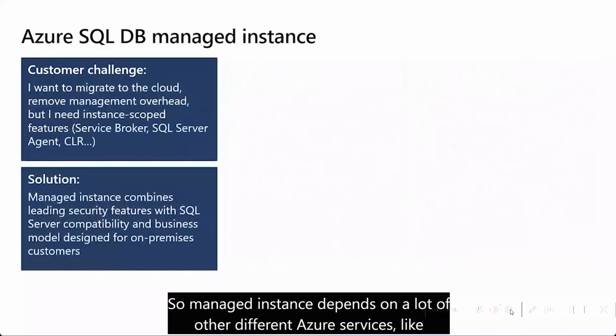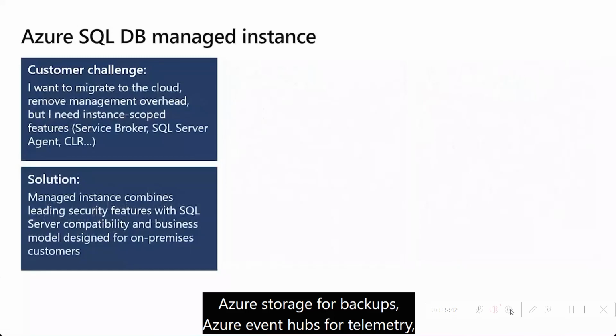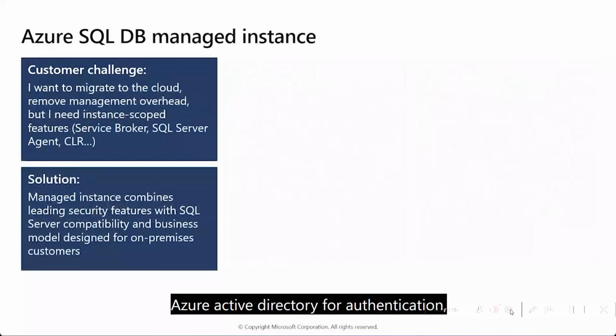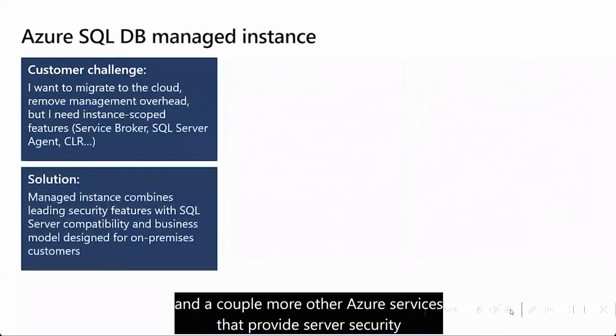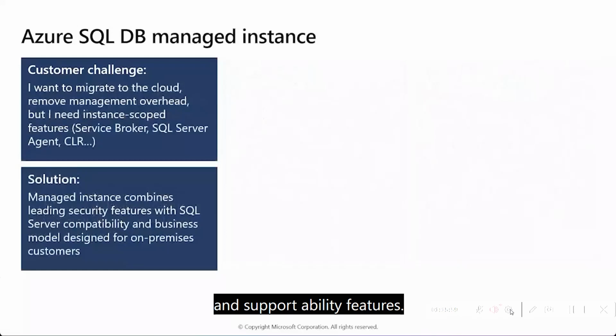Managed instance depends on a lot of other different Azure services like Azure Storage for backups, Azure Event Hubs for telemetry, Azure Active Directory for authentication, Azure Key Vault for transparent data encryption, and a couple more other Azure services that provide those security and supportability features.